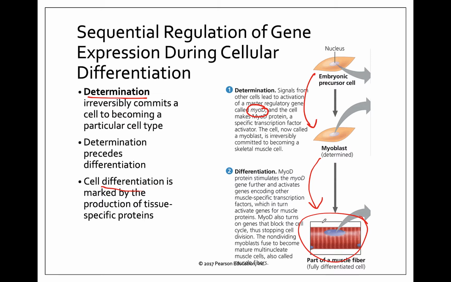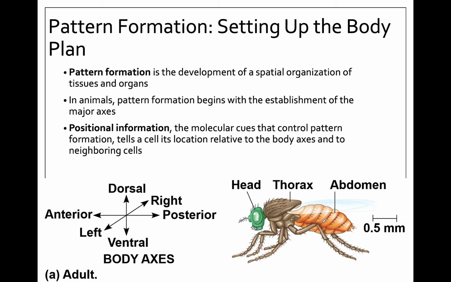We also have specific gene expression that is occurring during the development of the body pattern. So this is what part is going to be the head, which part is going to be the abdomen. It distinguishes the major axes of the body.